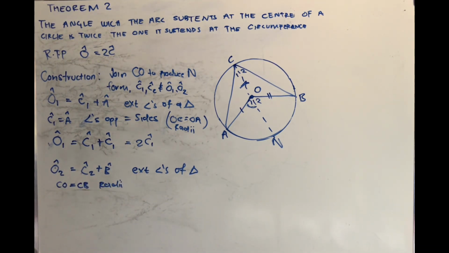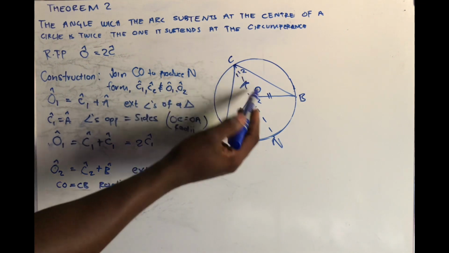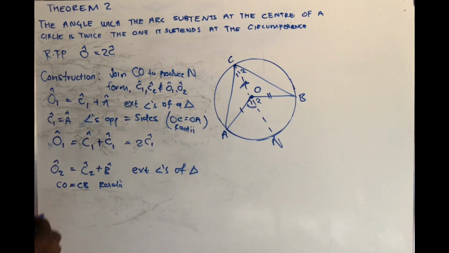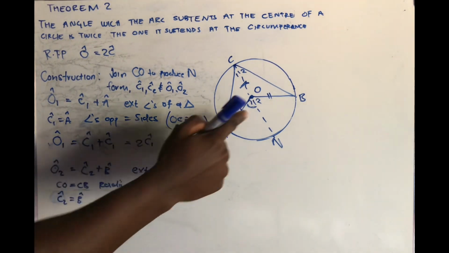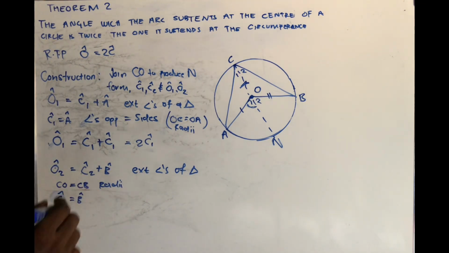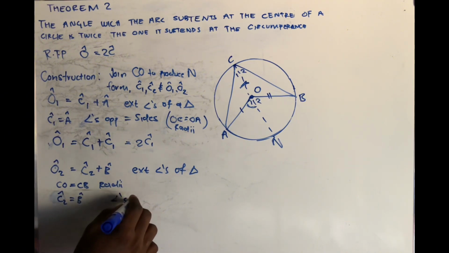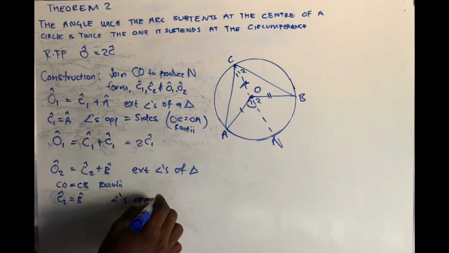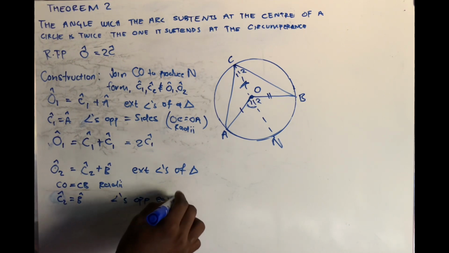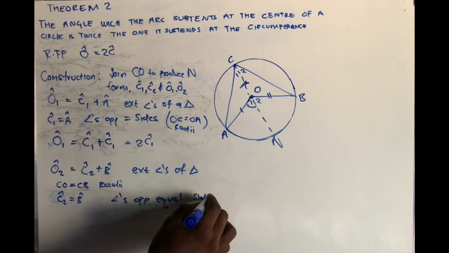That leaves us with angle C2 being equal to angle B. What's your reason? Angles opposing equal sides.